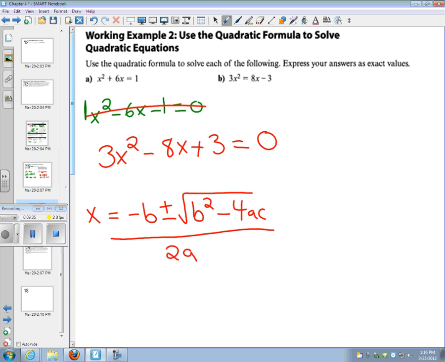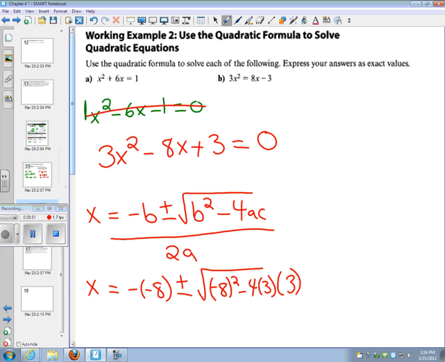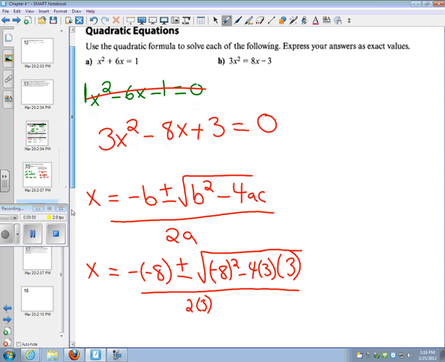Now I'm just subbing in. X is equal to negative b, so that's negative 8, plus or minus the square root of negative 8 squared minus 4 times 3, because that's a and my c is 3, all divided by 2 times 3.